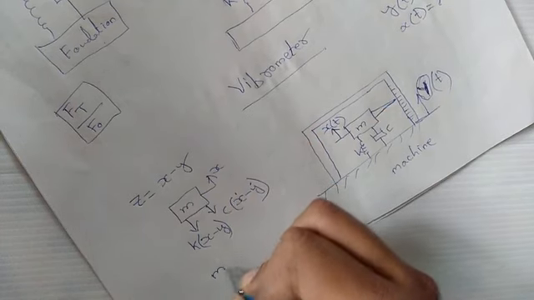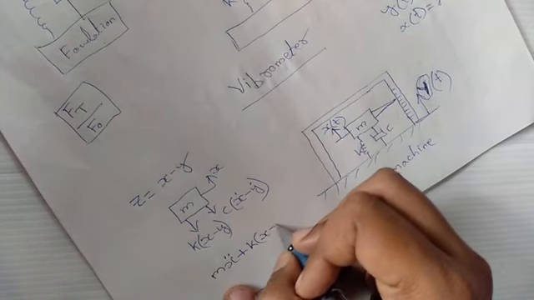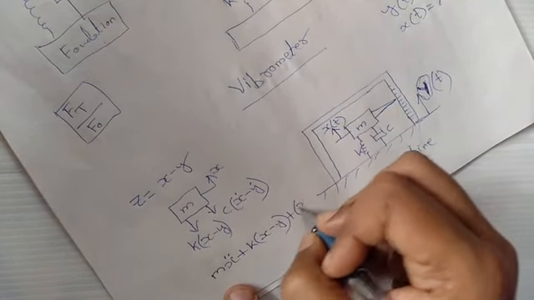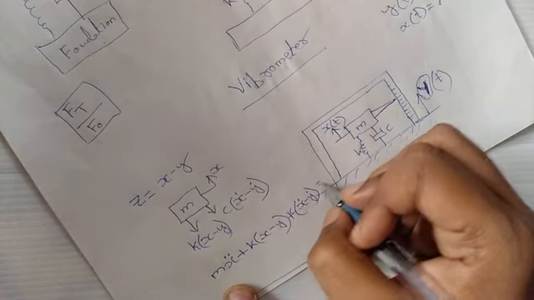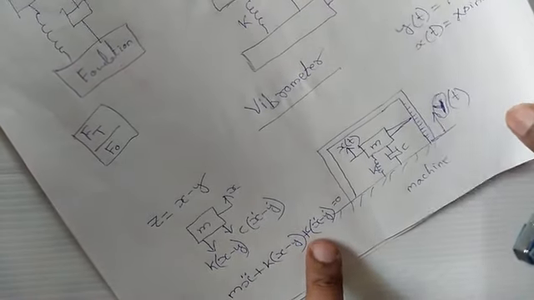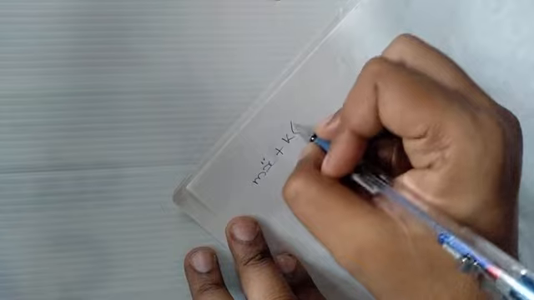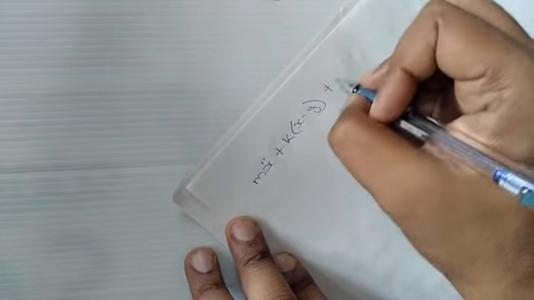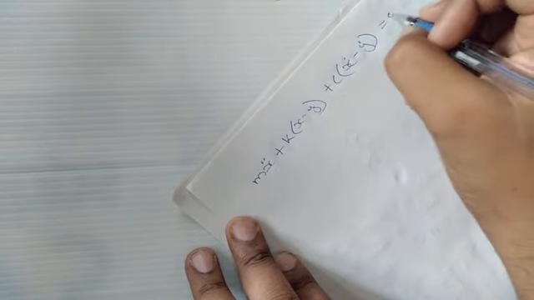So if you have to write the relation, it would be m x double dot plus k into x minus y plus c into x dot minus y dot is equal to 0. So I'll just write that equation over here again. m x double dot plus k into x minus y plus c into x dot minus y dot is equal to 0.